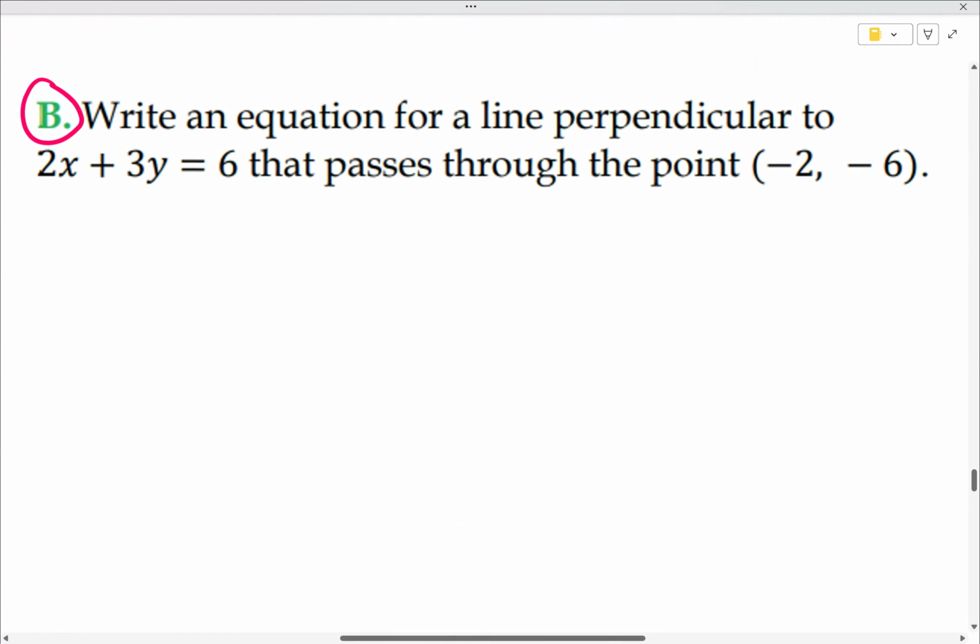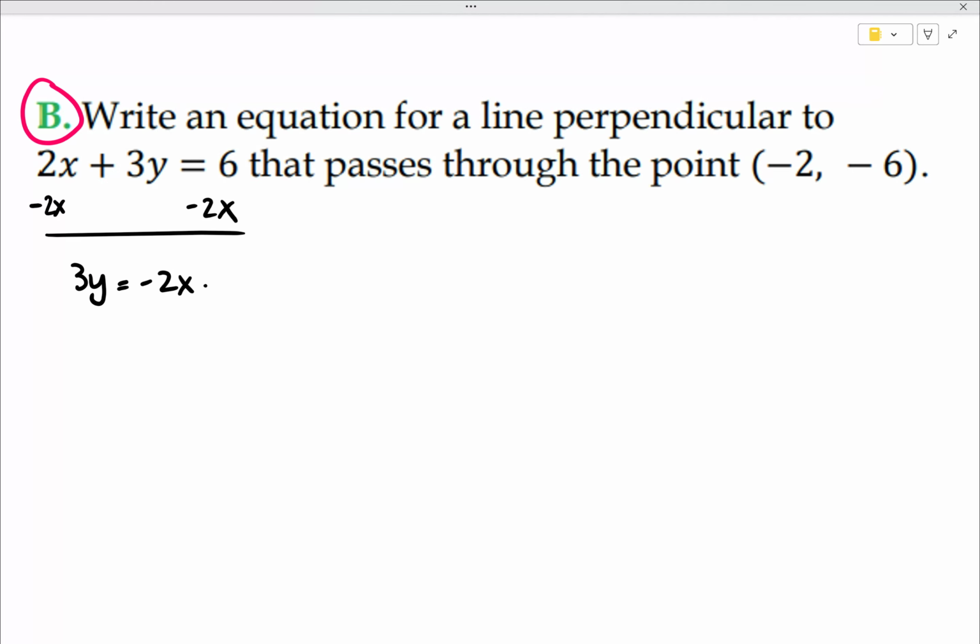Question B, we're going to write the equation of the line perpendicular. So our equation here is not in slope-intercept form, so we're going to solve for y to figure out what our original slope is. We'll divide everything by 3, so our equation is y equals negative 2/3 x plus 2.